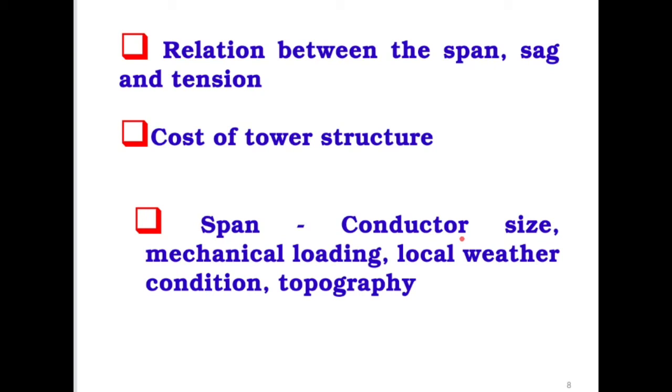So the conductor determines the span very much. If you choose a smaller diameter conductor, it can have a longer span. If you choose a larger cross-sectional area for a conductor, it cannot have a longer span because it will sag so much because of its own weight.